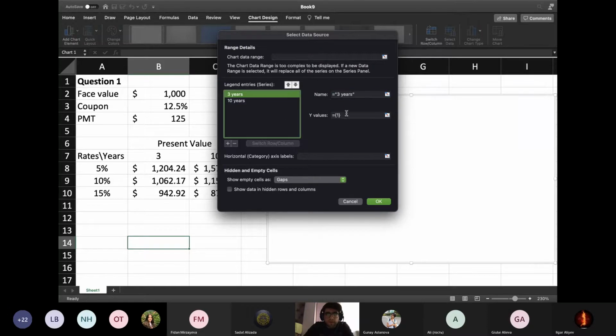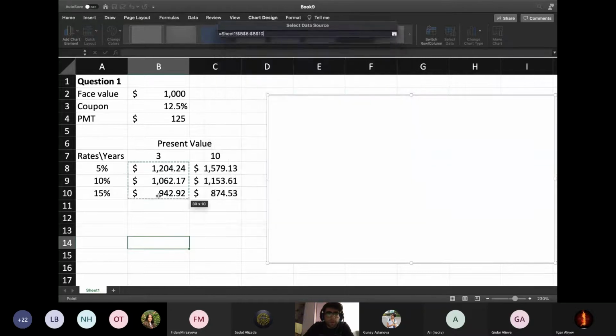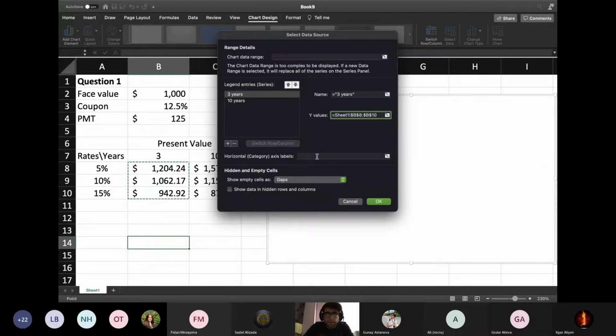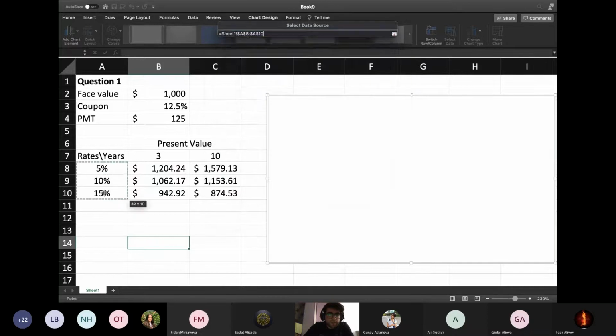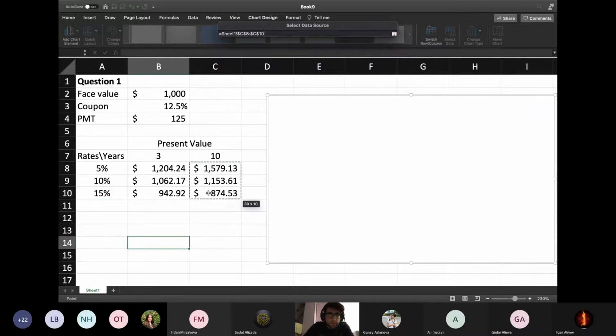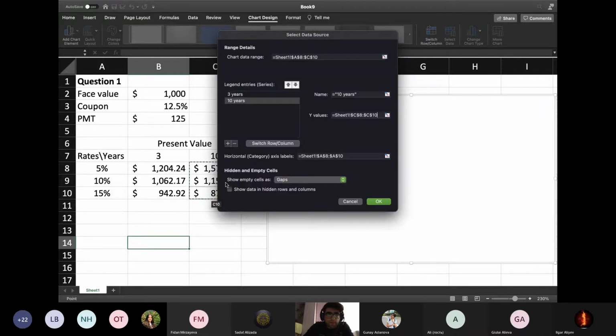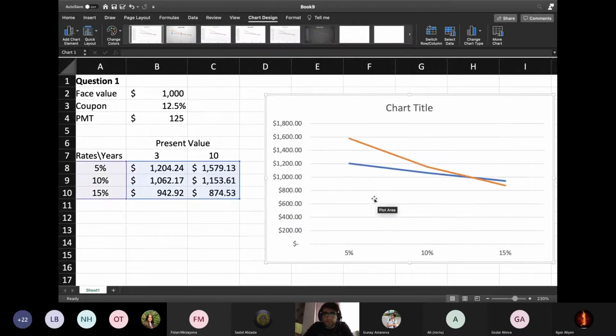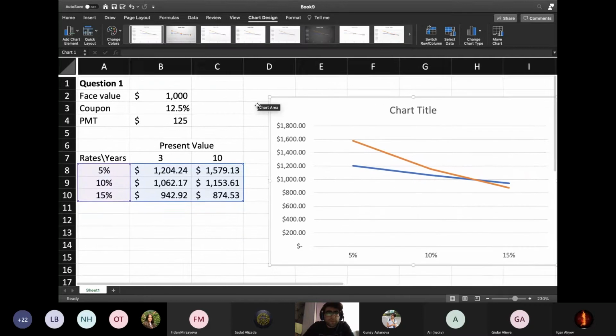For 3 years, the Y values are here, X values are the interest rates. Also for 10 years, Y values are these ones, and the same for X values, and enter. Look at this beauty here.